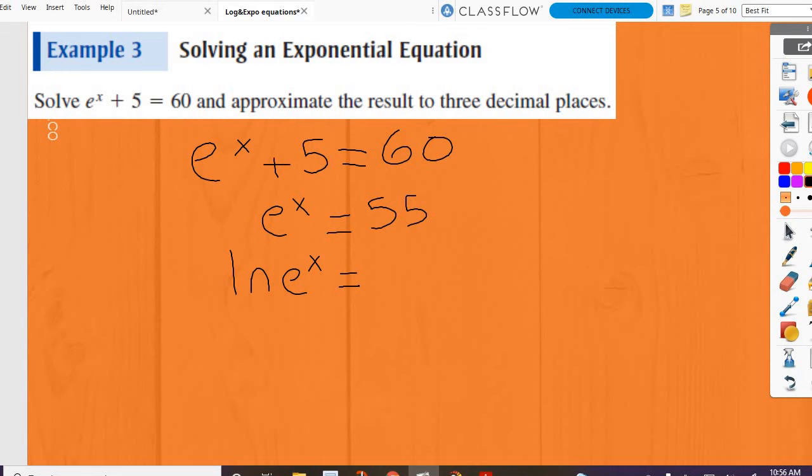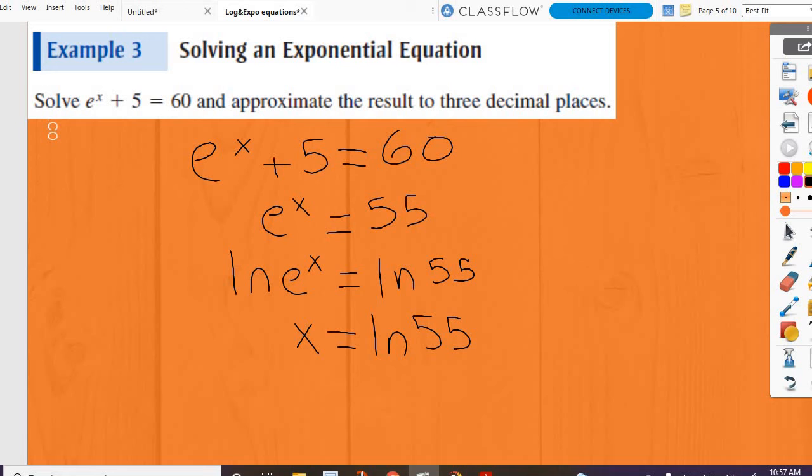Because it's E. So remember, our natural log is the logarithm that has a base of E. So now, what happens with our natural log and our E to the x? They reduce, and we just have x equals the natural log of 55.